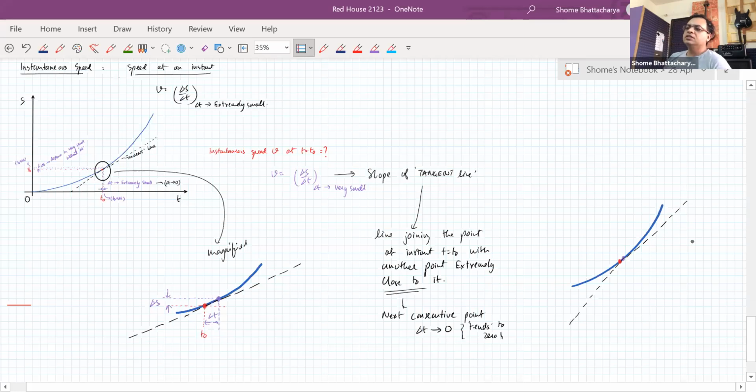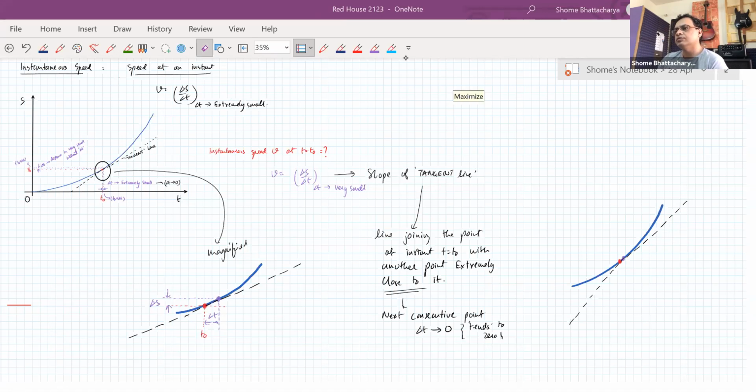As you can see, it's easier said than done, and it's more difficult to actually construct than define. That is where the science of calculus comes in: how we will calculate the exact slope of the tangent using a new mathematical machinery called calculus.